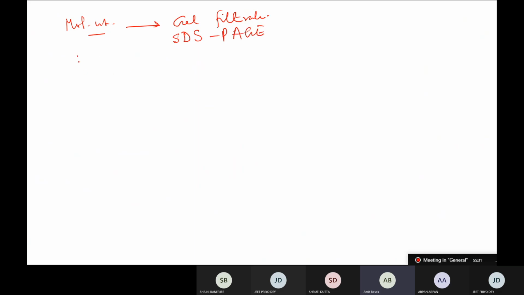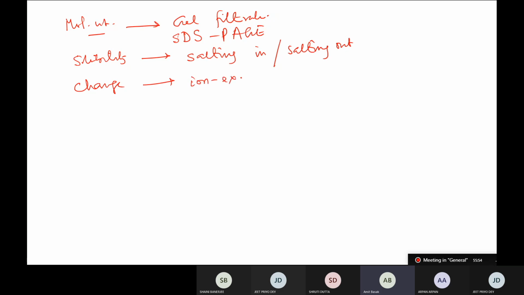If it is based only on solubility, then we have techniques called salting in and salting out. If it is based on charge, we have ion exchange chromatography.